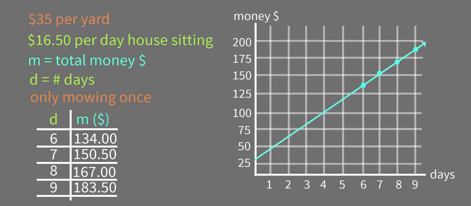And this point over here would be the 35 if it's 0 days. If he mows one lawn, he's making 35. And then the increase is going to be the 16.50 per day. That's going to be the slope of this line. But the main point was to graph these points, so you could see the visualization of how much it's increasing per day.